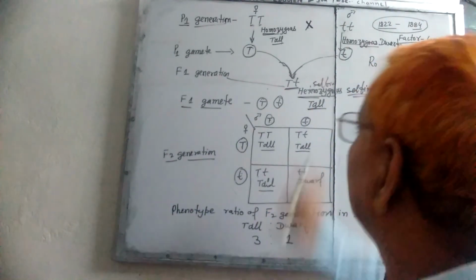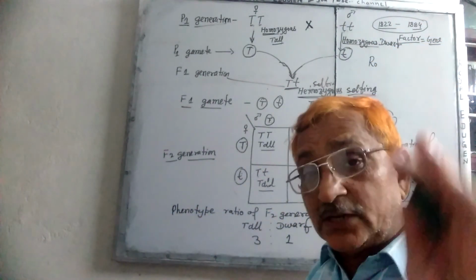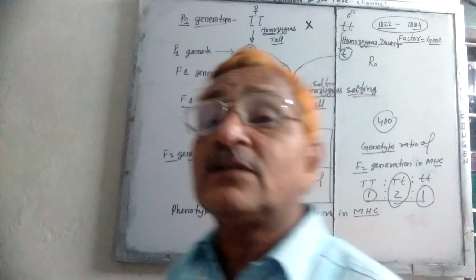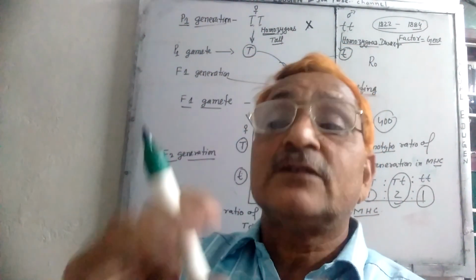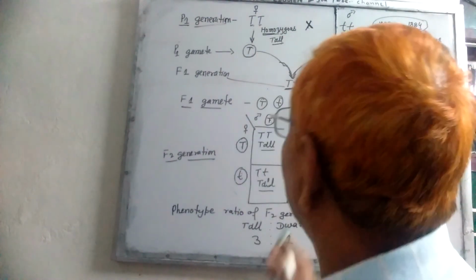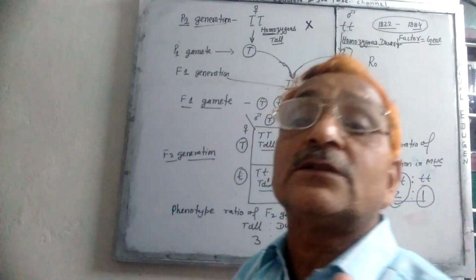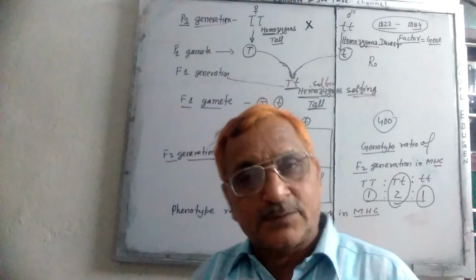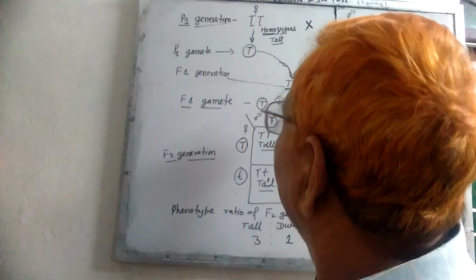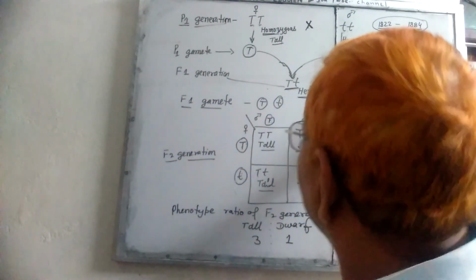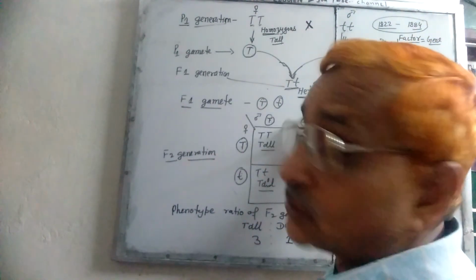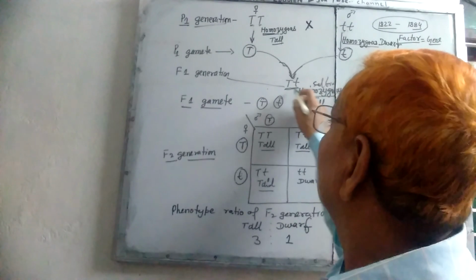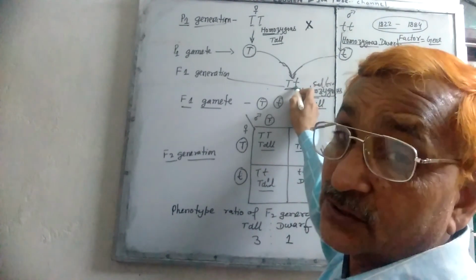Selfing means we take the pollen grain and the egg of the same flower. You know that in the majority of plants the flowers are bisexual. So we can write here easily: heterozygous. Though the plant is tall, it is heterozygous: one capital T and another small t.